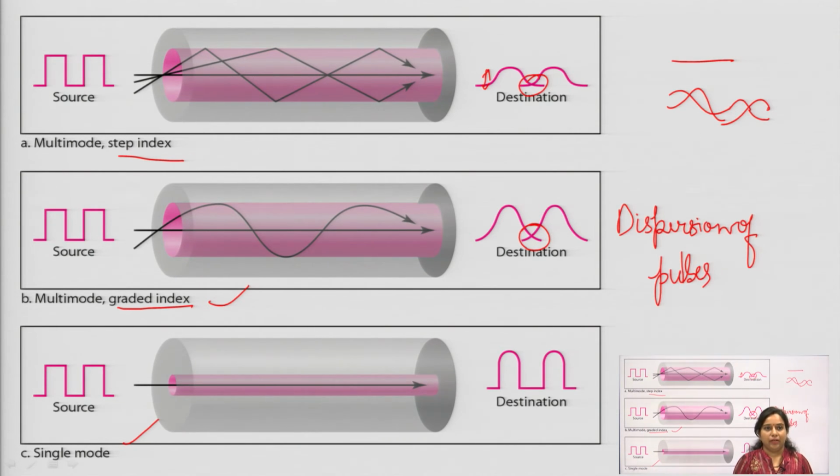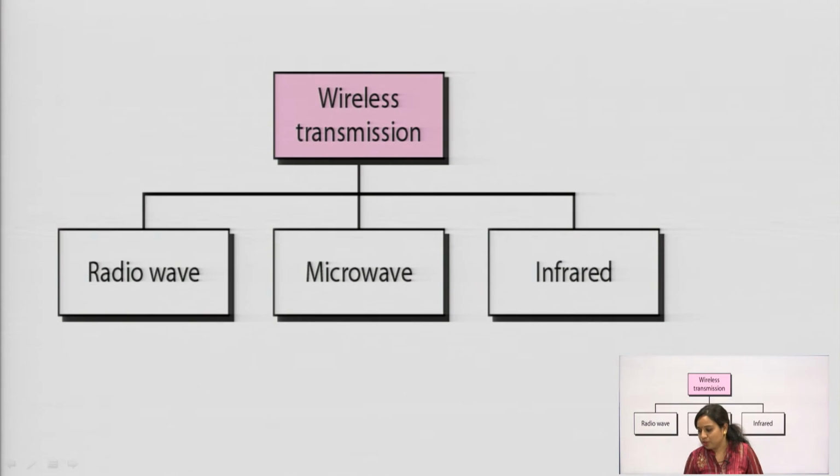Then multi-mode graded index, where the strength of the signal will be maintained, but dispersion of pulses is there and crosstalk will take place. In case of step index, the strength of the signal will be reduced. So, this is about the propagation modes.